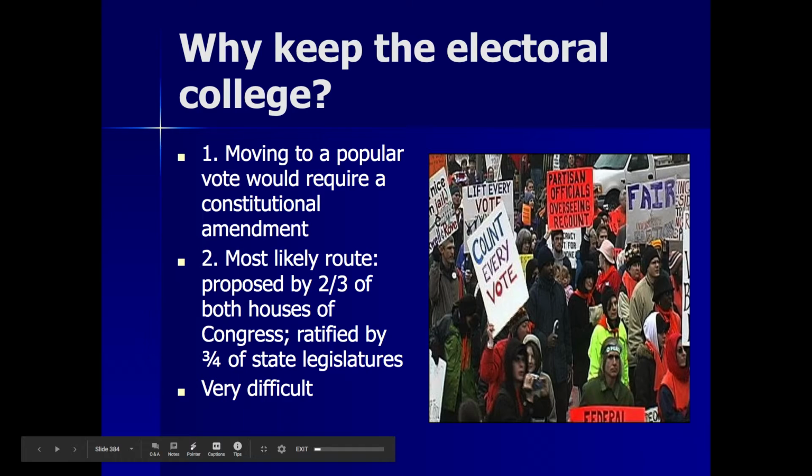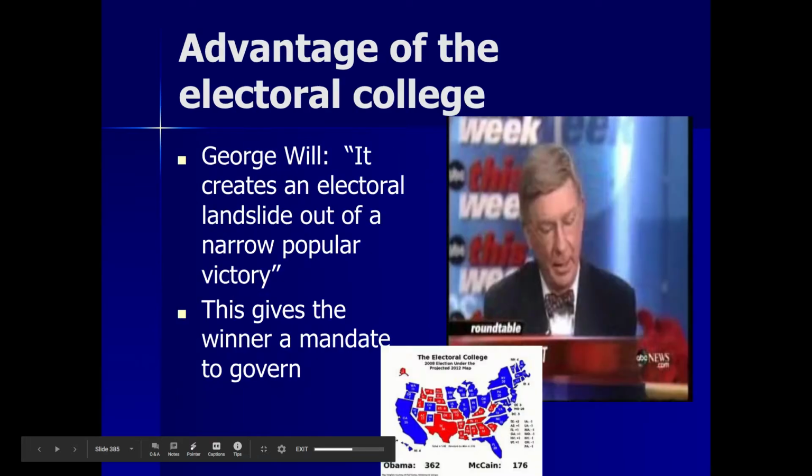All right, now there are those who want to get rid of it, but it's hard to get rid of because it requires a constitutional amendment. It's got to be proposed by 2/3 of both houses of Congress and ratified by 3/4 of the state legislatures. That would only be done during a time of great consensus, not political division. And you only want to change it in a time of political division, right, like now, so it's going to be hard to do.